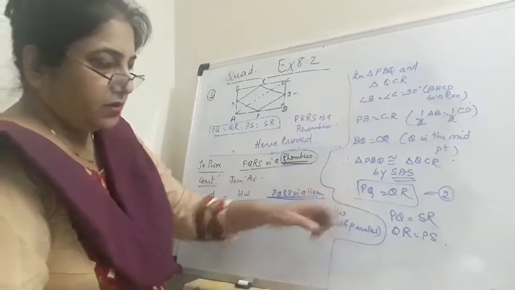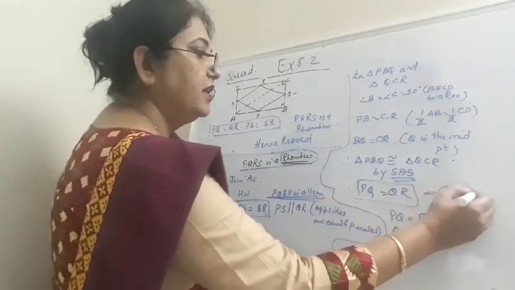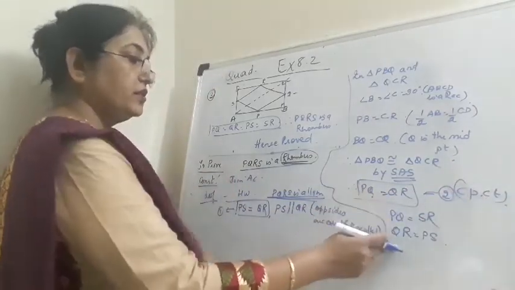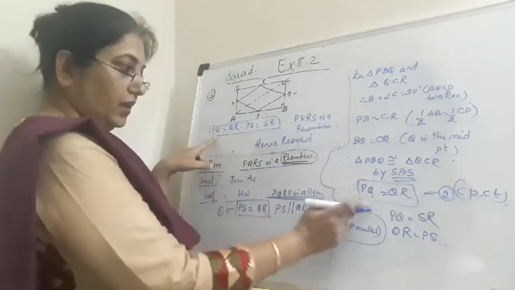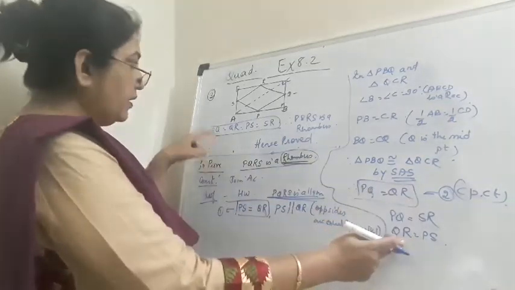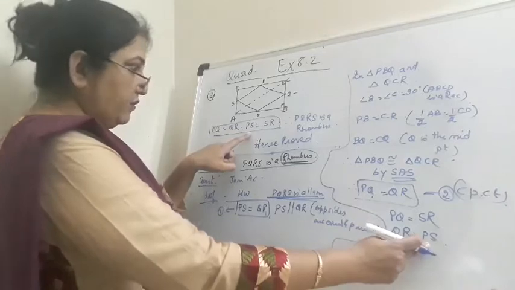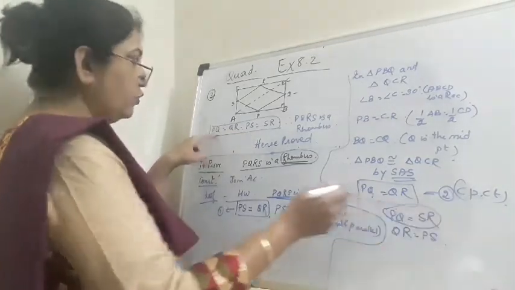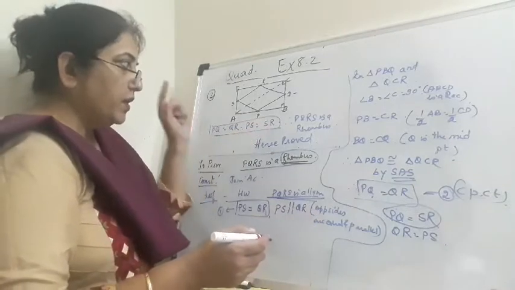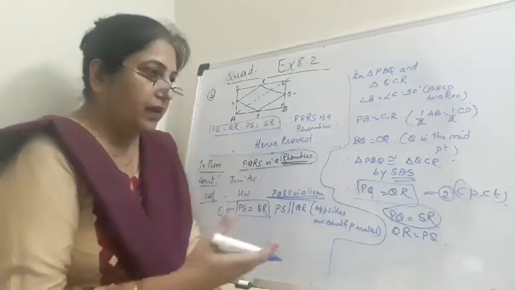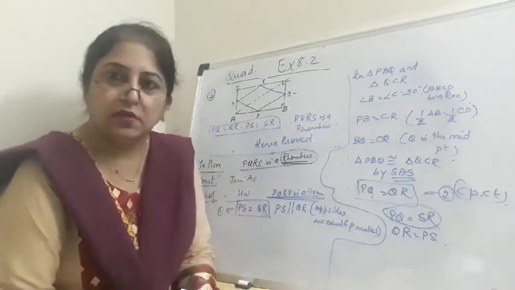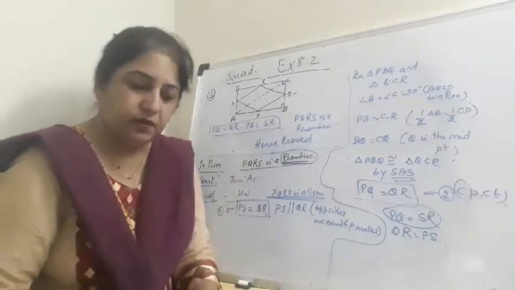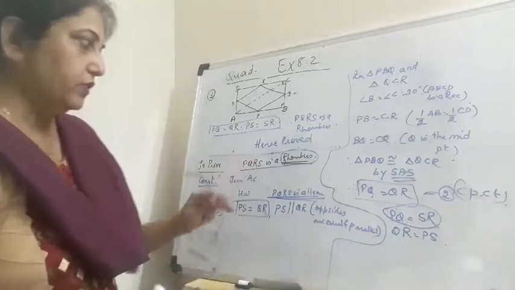These sides are corresponding parts, so we write CPCT here. And when we compare these three equations, we get PQ equal to QR, QR equal to PS, and we also know that PQ is equal to SR. So therefore all the four sides are equal in a parallelogram, therefore PQRS is a rhombus. So I hope this is clear to you, because this is a simple proof.